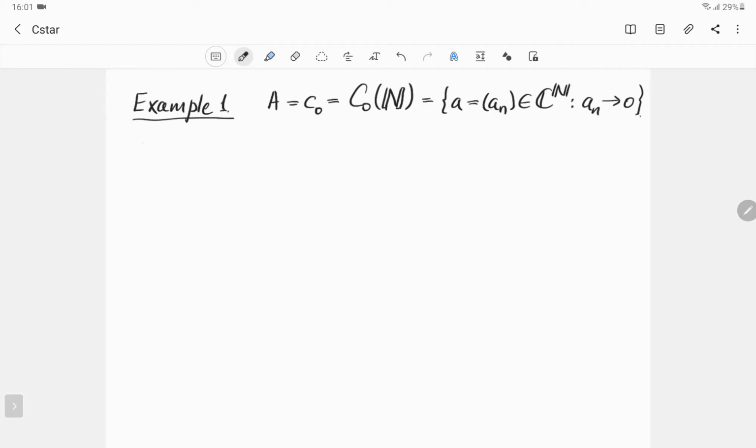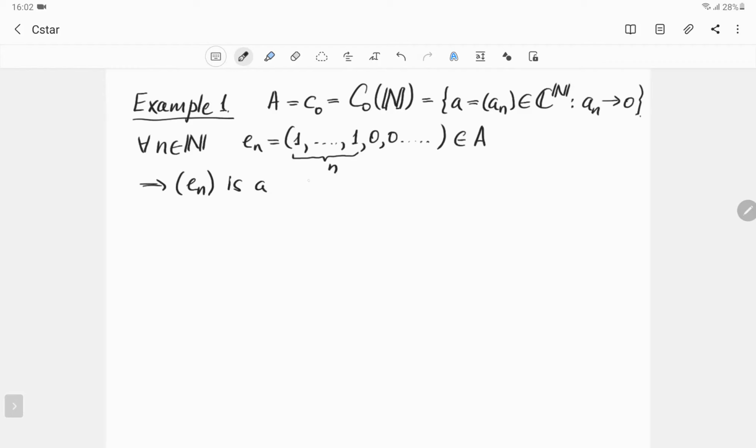And for each natural number n, let En denote the following element of our algebra. It's a finite sequence, so it sits in our algebra. So I claim that this sequence is a bounded approximate identity. BAI is a standard abbreviation for the bounded approximate identity.